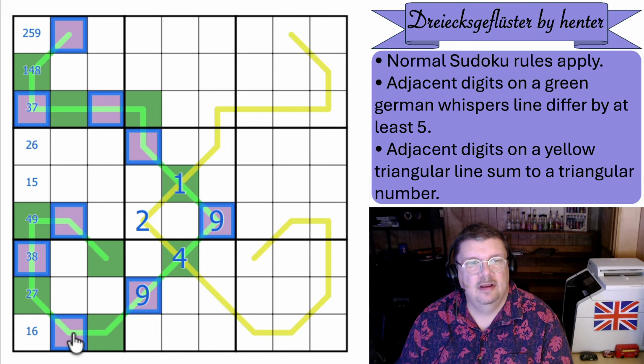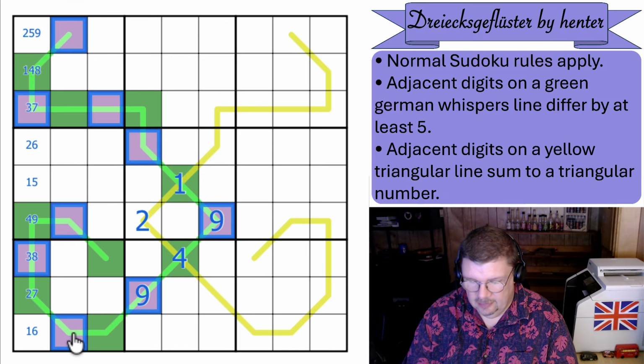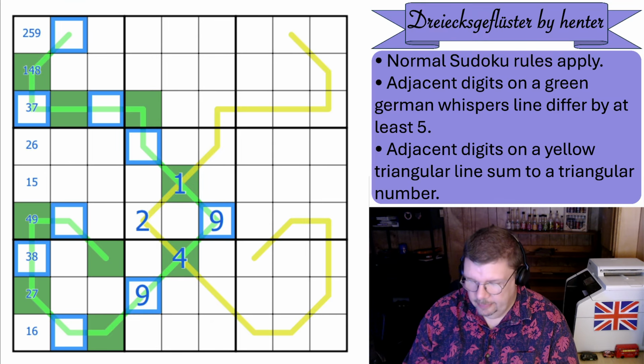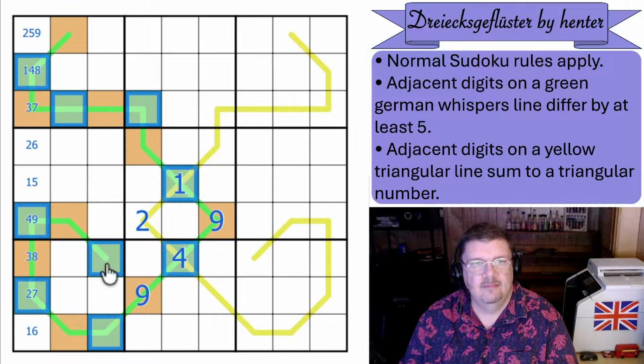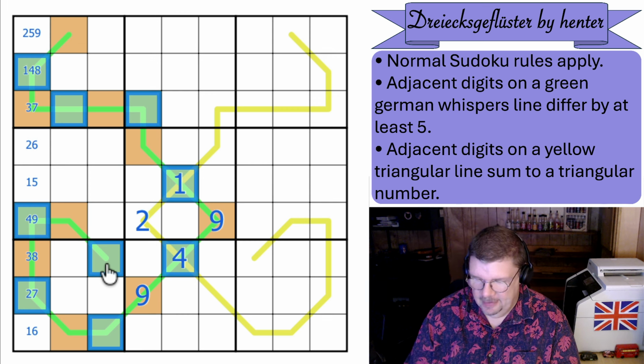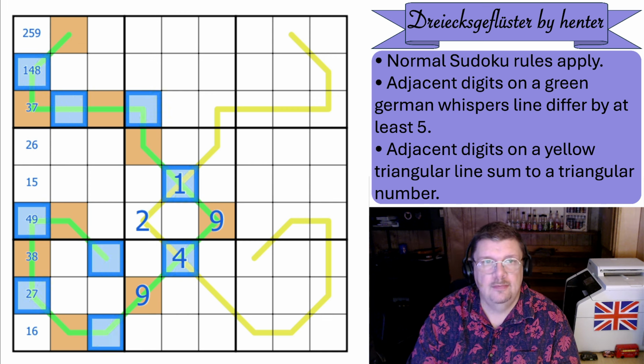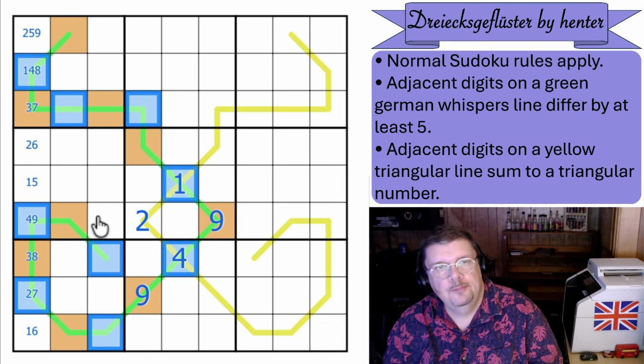In fact, I'm going to recolor these. So purple becomes orange because orange feels like a warm color, so high digits, and then we'll make those blue because they're low.